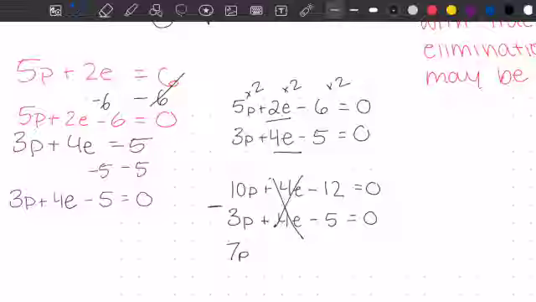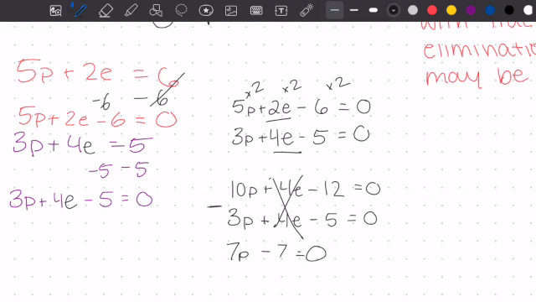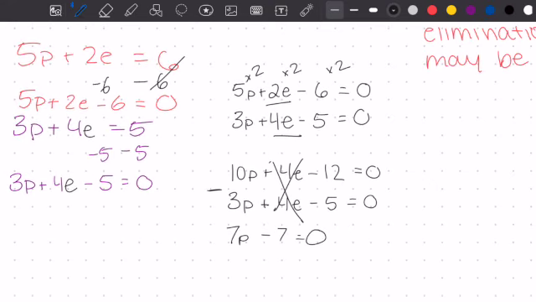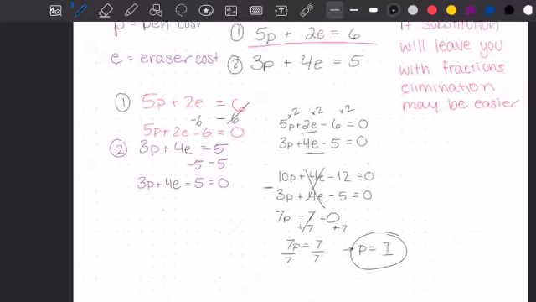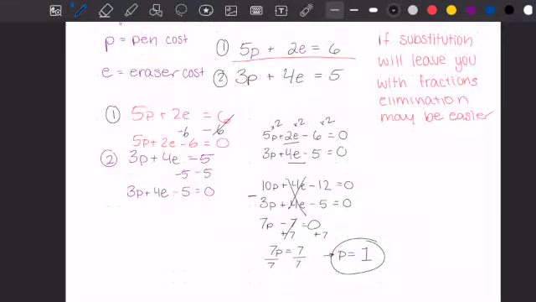Negative 7, but yes. So 7p minus 7 equals 0. Okay, plus 7 on both sides of our equals sign. 7p equals 7. Divide by 7. P equals 1. So the cost of a pen is $1.